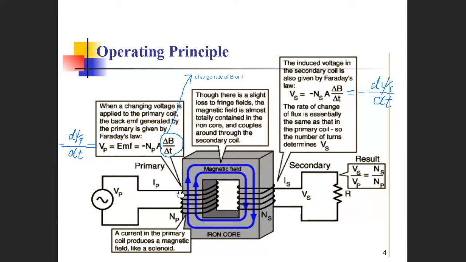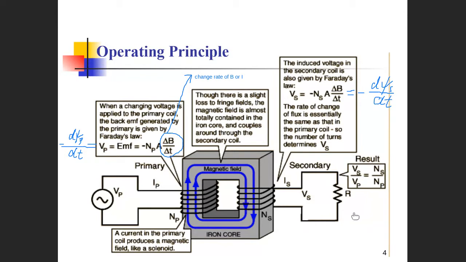The changing magnetic field goes through the core into the secondary. So the secondary coil receives the flux produced by the primary, and there is an induced voltage at the ends of coil 2. This voltage is then supplied to the load. Even if it is open, you still have the voltage here.